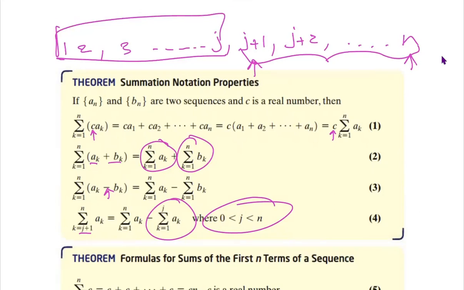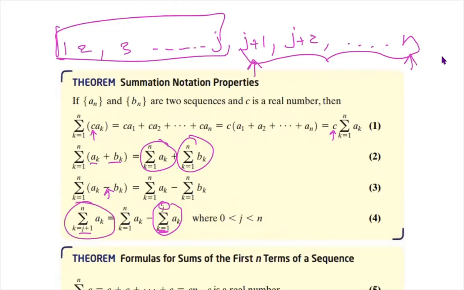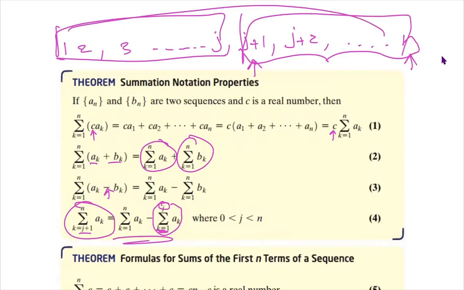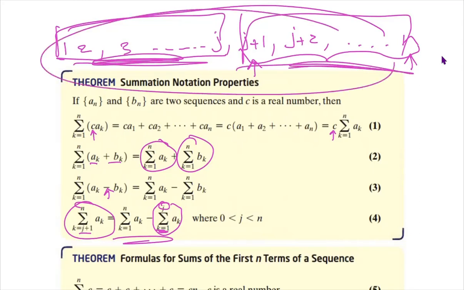That's why you have the part from 1 through j being subtracted, because we did not need the terms that come before. So the whole thing, which is from k equals 1 to n, minus this part will give you the part from j plus 1 to n.